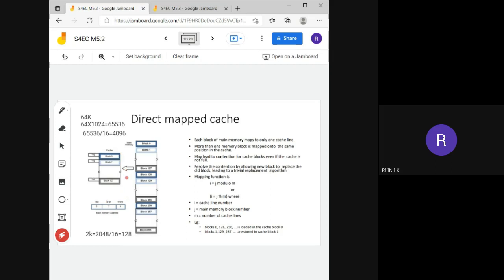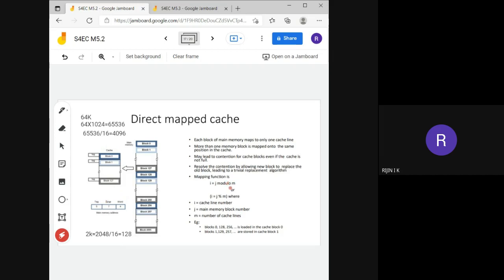That means cache block 0 can accommodate either main memory block 0, main memory block 128, or main memory block 256, and so on. So that is the mapping function.